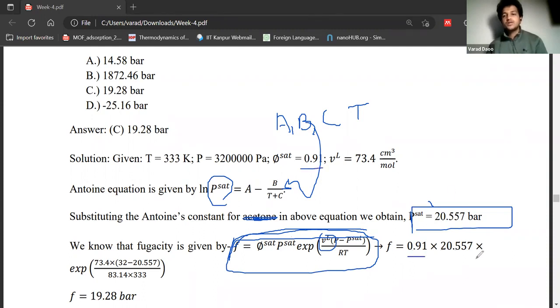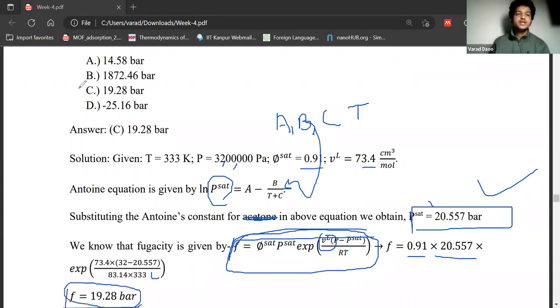P sat we just calculated as 20.577, multiplied by the exponential of VL, which is given as 73.4 centimeter cube per mole. Total pressure has been given as 32 bar, minus 20.57, which is P sat, divided by 83.14 multiplied by temperature. We end up with a fugacity of 19.28 bar. That is nothing but the correct answer, option C.